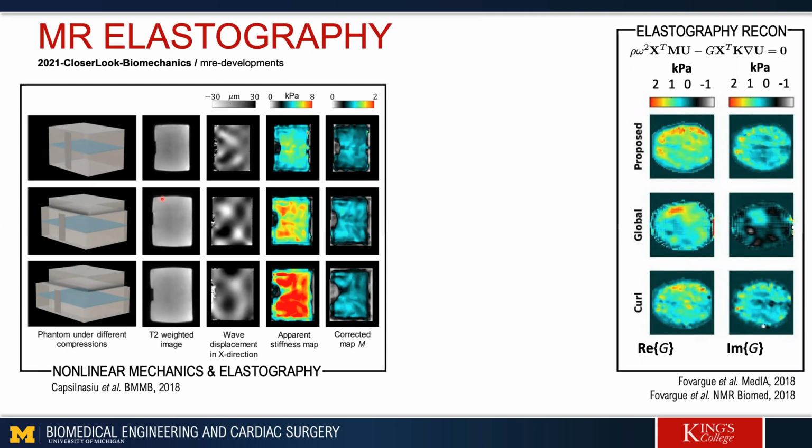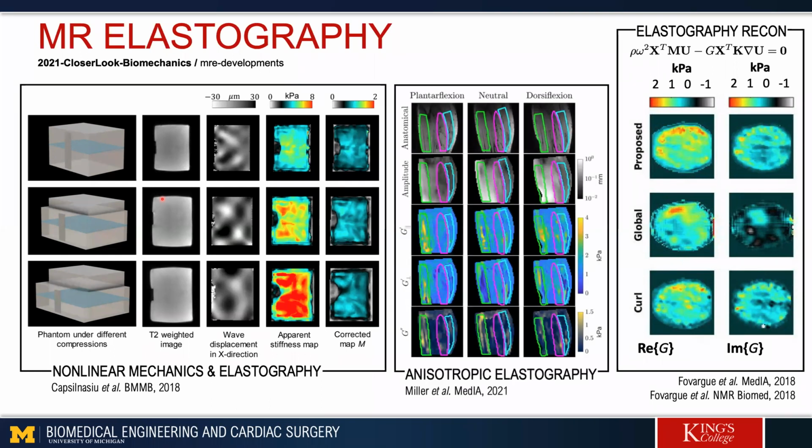Do our equations that we come up with from a nonlinear mechanics perspective, if we linearize them locally around a large deformation state, is that really what the wave looks like? And we were able to show that that is kind of what you observe. And then also we've been recently looking at anisotropy. So how do these waves move through an anisotropic material?